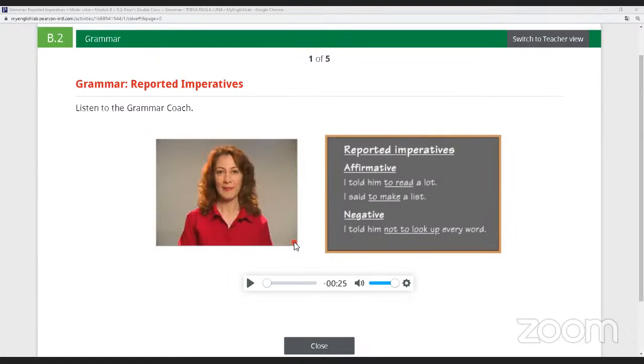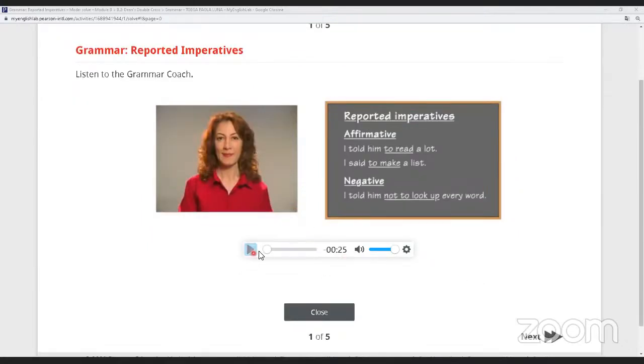So we have this kind of reported imperatives. In three weeks, we're gonna look at another lesson that is a little bit more complex, right? But before that lesson, we need to know how the reported imperatives work. So let's listen to the audio first.